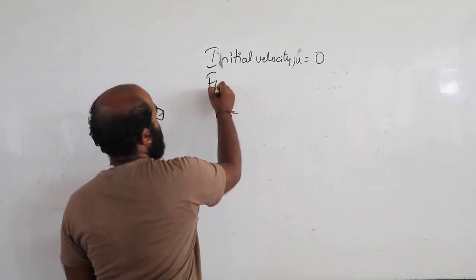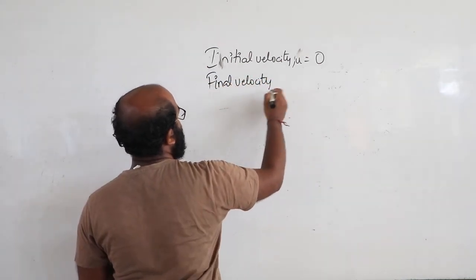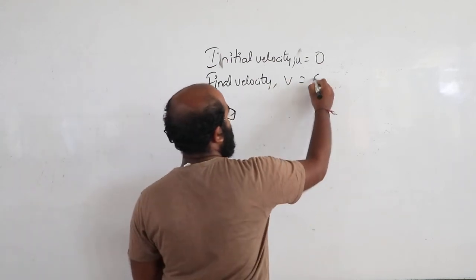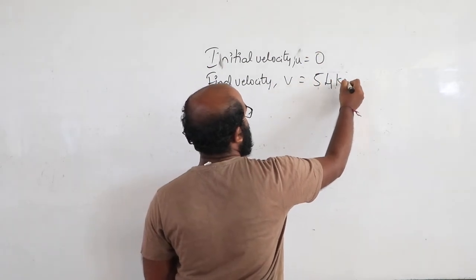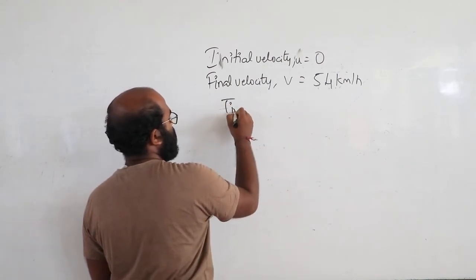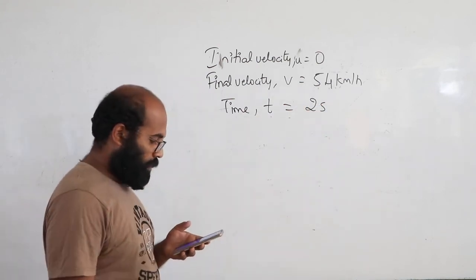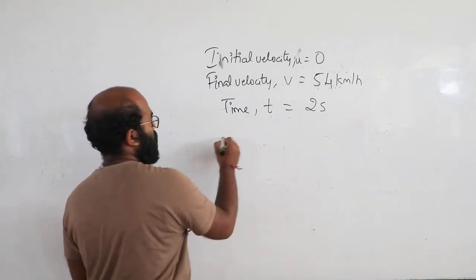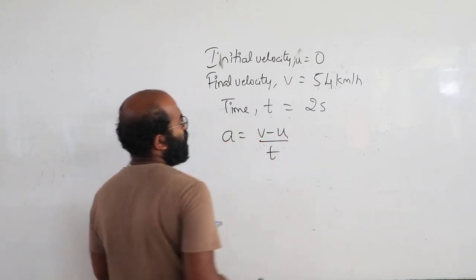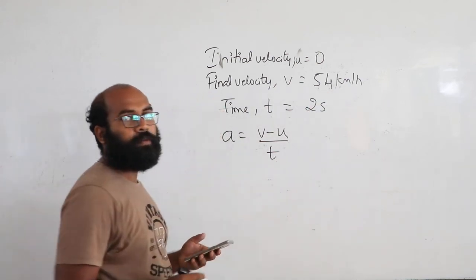Then final velocity v, that is 54 km per hour, in 2 seconds. Time, 2 seconds. Find the acceleration. So a is equal to v minus u by t. Since the time is in seconds, as I told, you have to convert this 54 to meter per second.